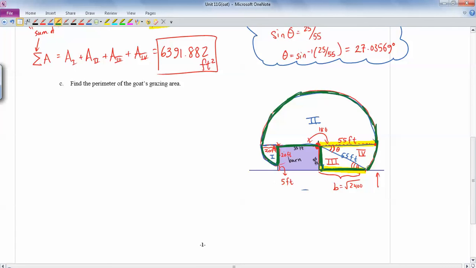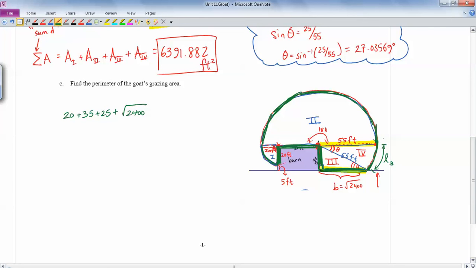Well, some of those are easy. This part right here is 20. The top of the barn's 35. This side's 25. We already know the root 2400. So I've got 20 plus 35 plus 25 plus root 2400. But then I've got these various arc lengths. I'll go from this side because this is how I did it in class.